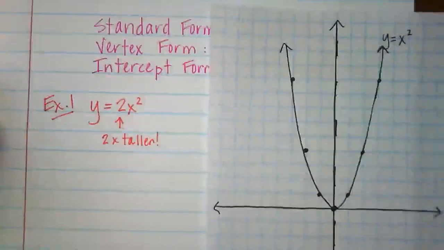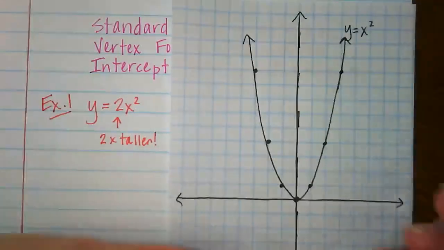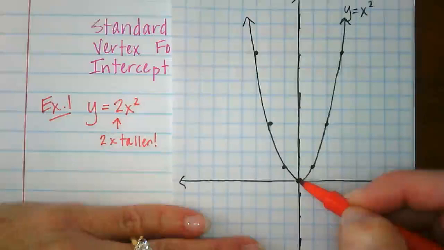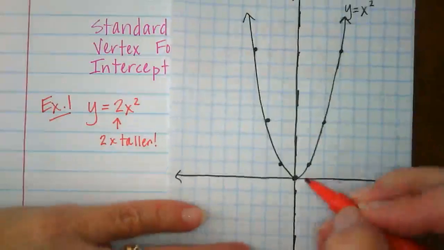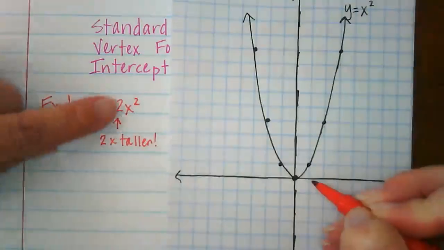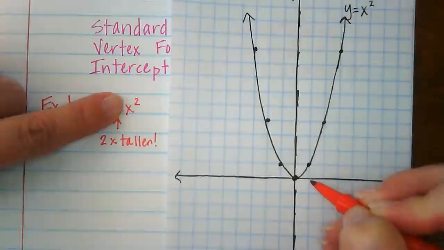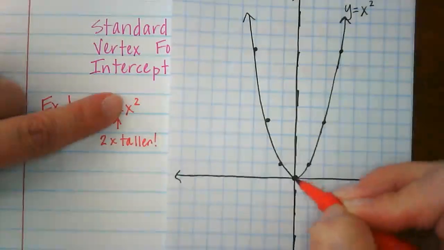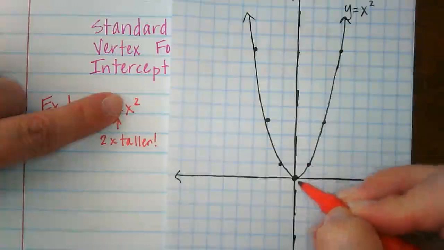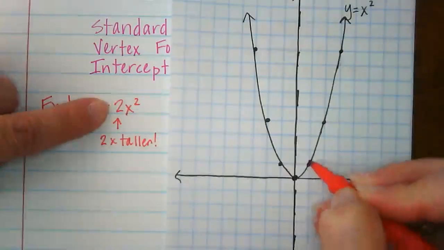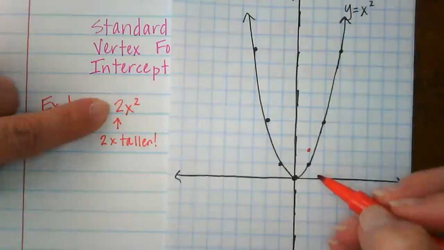If we go over to our graph, our vertex is still 0, 0. When I fill in 1 for x, I square it, I get 1. A normal parabola would go over 1, up 1. But this time we're going over 1 and up 2.